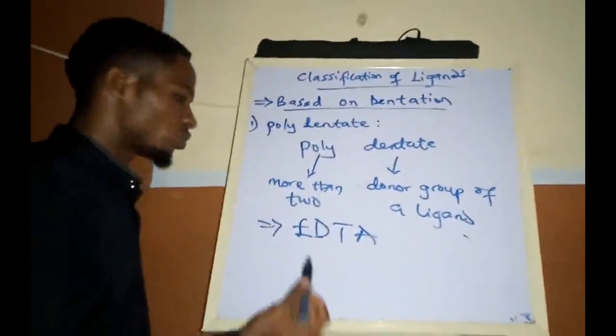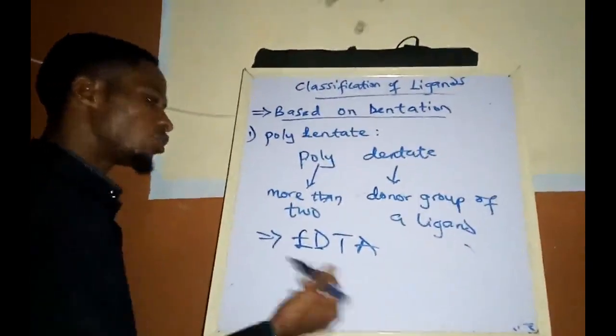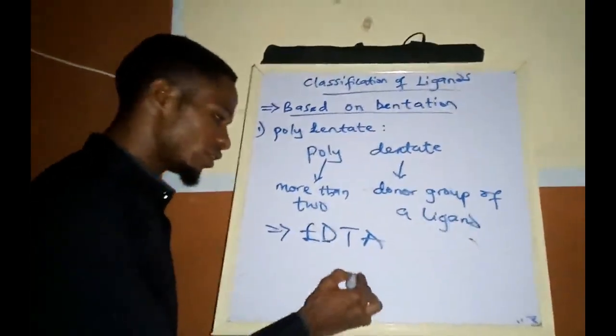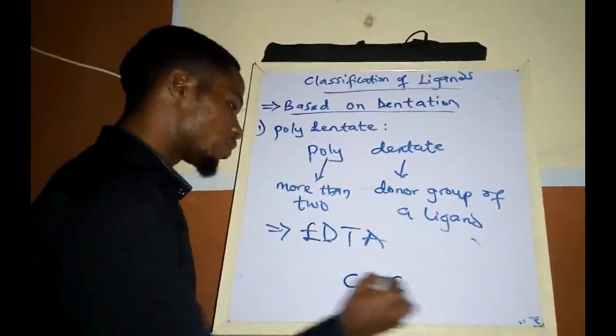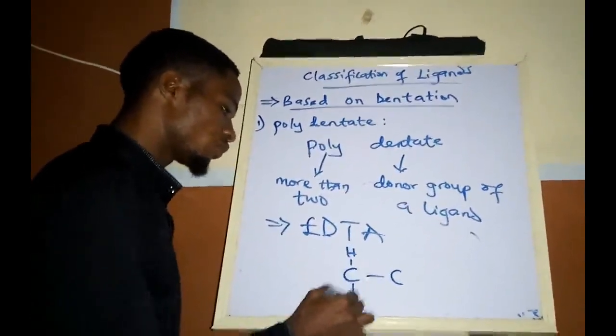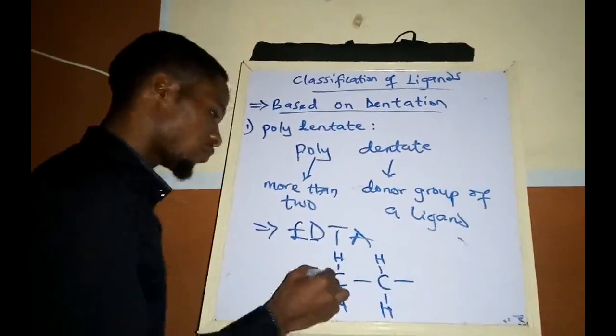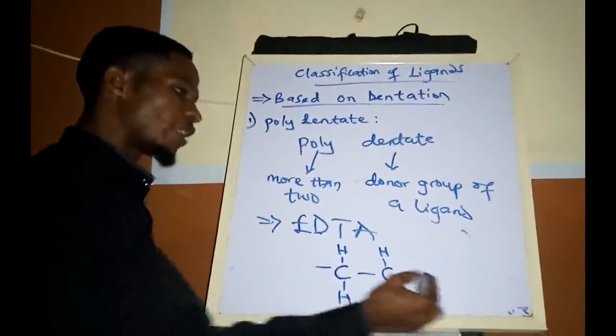How do we draw the structure of this EDTA? From that word ethylene first. Take note that ethylene is just CH2, CH2. Then we have our diamine.